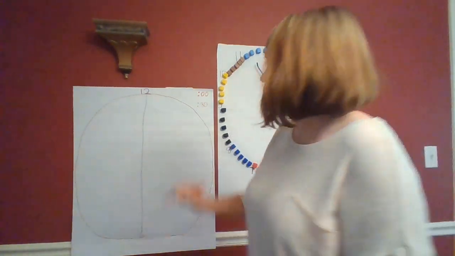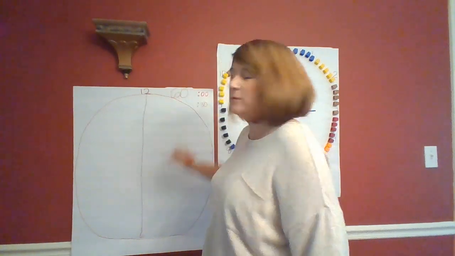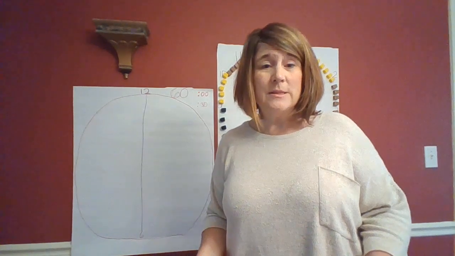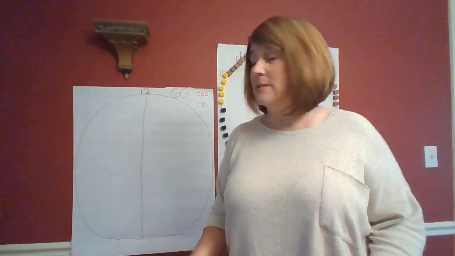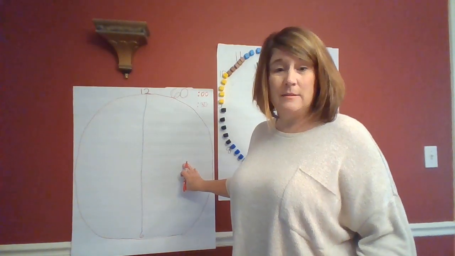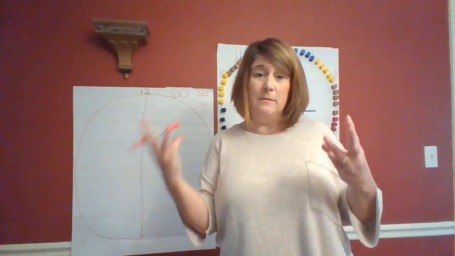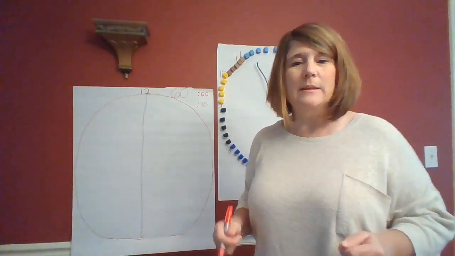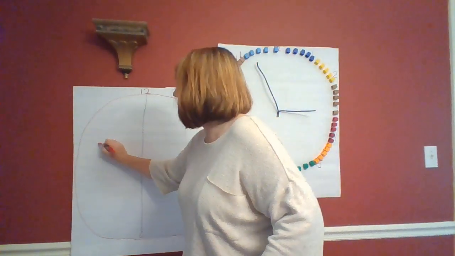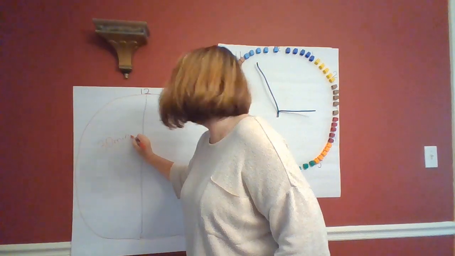If you are taking 60 and dividing it into 2 equal sections or 2 equal amounts, think about your 6th addition fluency facts. What plus what equals 6 that divides it into 2 equal halves? 3 and 3, you're right. So if we're taking 60, this half of our clock is 30 minutes.